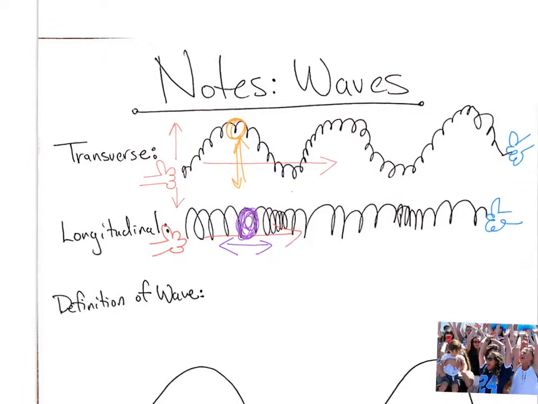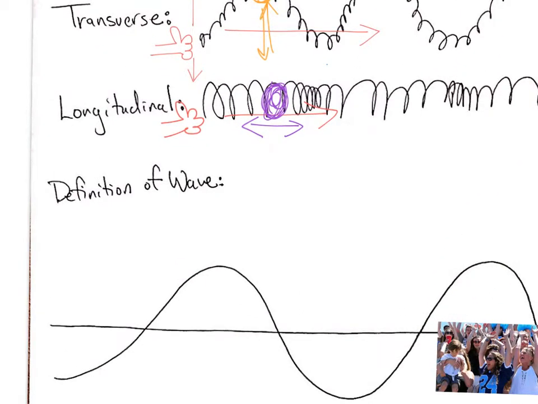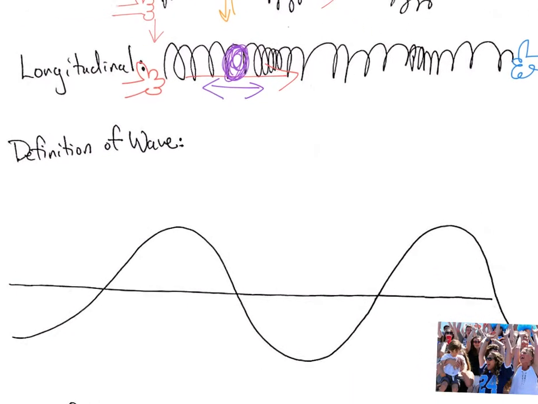Definition of a wave. And so you might be thinking, oh, I know what waves are. Surf's up, dude. Yeah, that was me. But sure, ocean waves, that's one example. But in physics land, we're going to be more specific.